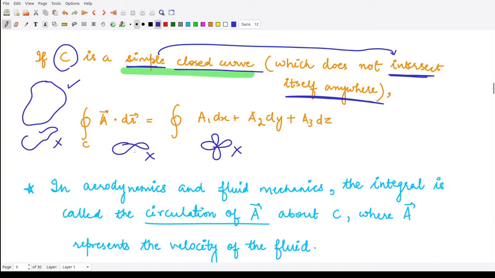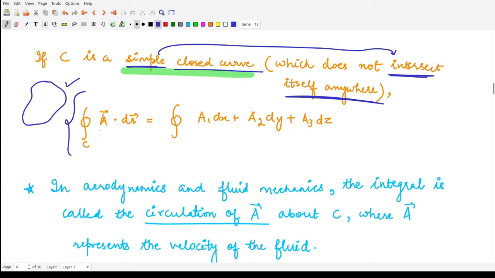Now we need to calculate the line integral for this kind of simple closed curve. The line integral is defined by vector A dot vector dr over C. This is the notation: whenever the integration is performed over a simple closed curve, you mark a circle on the integral sign and write C. When you perform this dot product, the quantity becomes a1 dx plus a2 dy plus a3 dz.